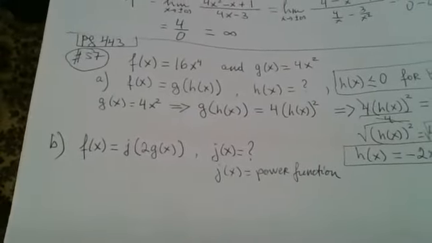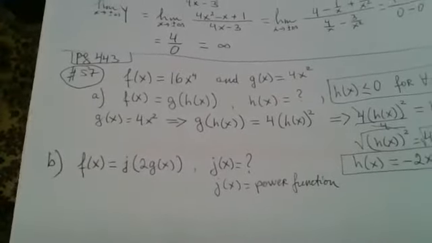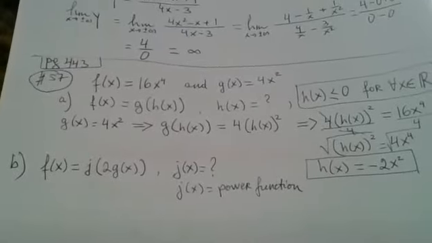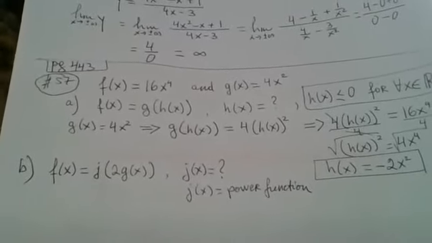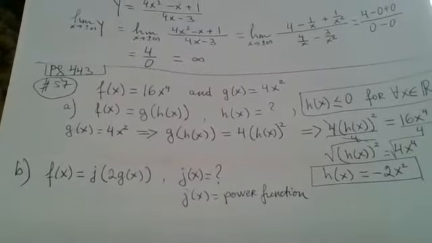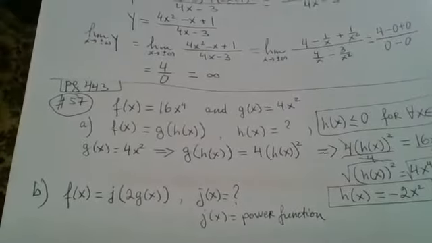F at x is a composition of j by 2 times g at x. We need to find the formula for j at x, assuming that it should be another power function. Are you with me?